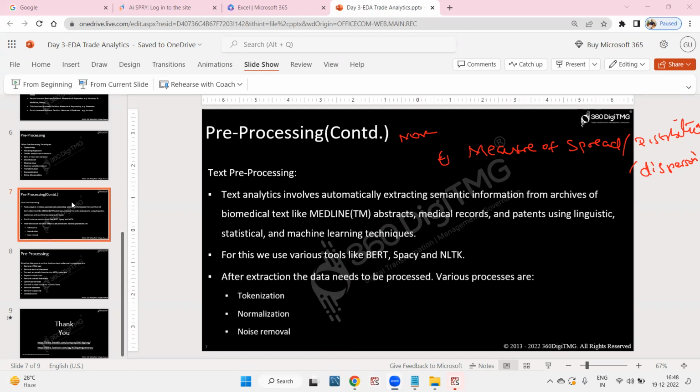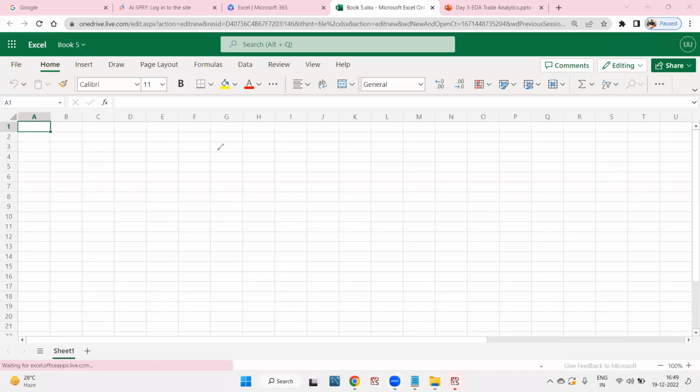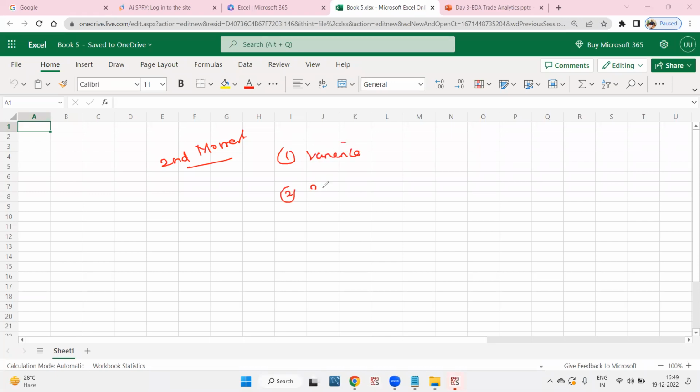So what are we doing in the second moment business decision? When you look into the second moment business decision, we have three measures. One is called variance, standard deviation, third is range.